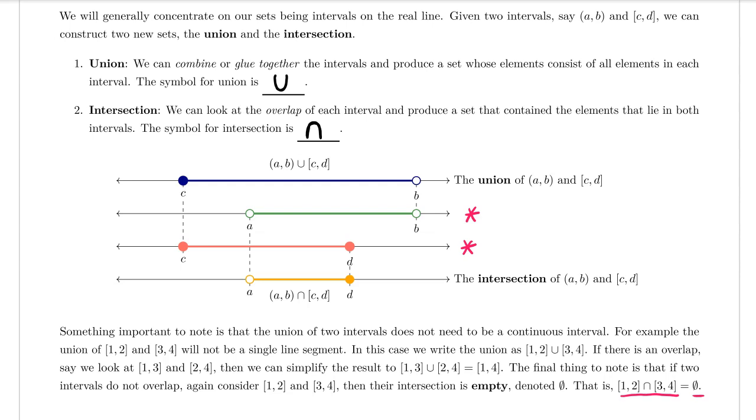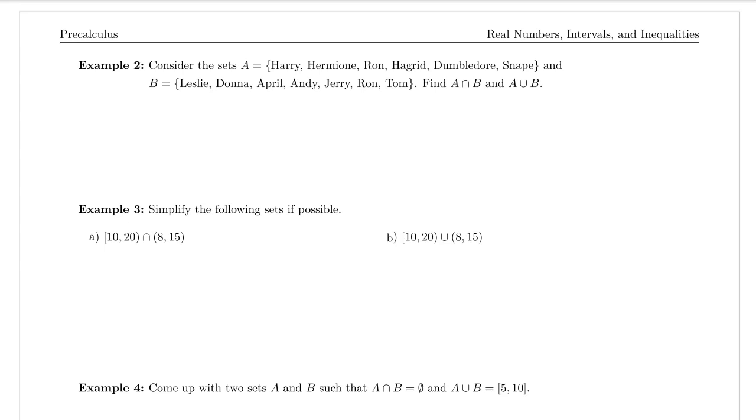Example 2 says, consider the sets A is equal to Harry, Hermione, Ron, Hagrid, Dumbledore, Snape, and B is equal to the set Leslie, Donna, April, Andy, Jerry, Ron, Tom. We want to find A intersect B and A union B. So let's start with A intersect B. What we want is to look at the two sets and see what they have in common, or what their overlap is.